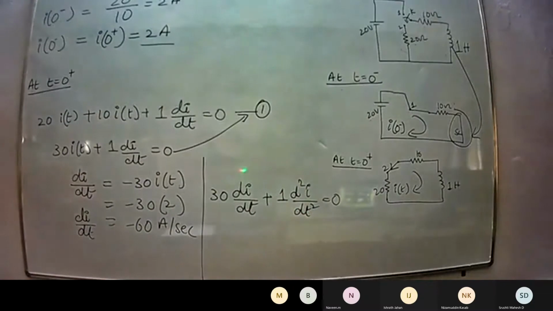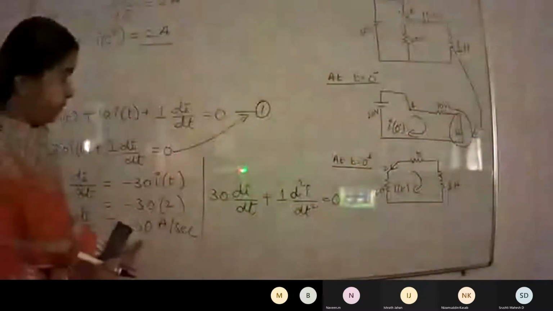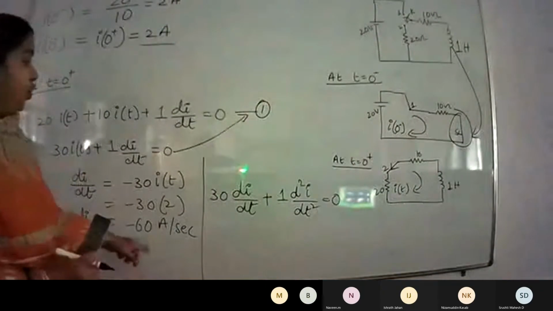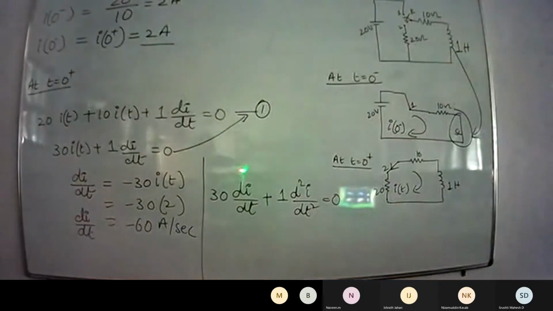So how much is di by dt? Di by dt is nothing but 60. So 30 into 60, how much you get? 6 3s are 18, so it is 180 ampere per second square.